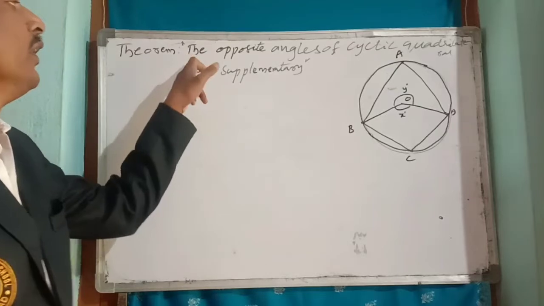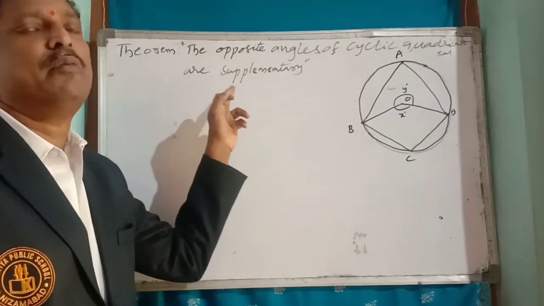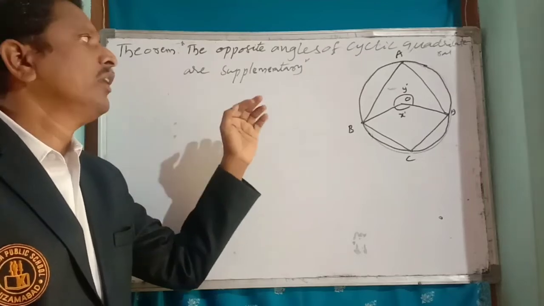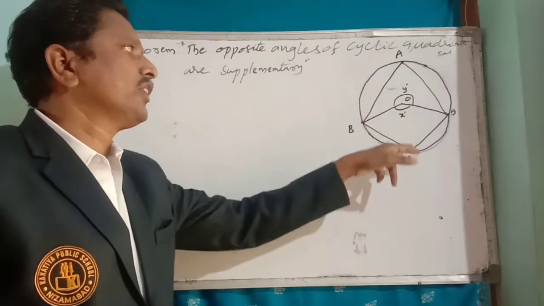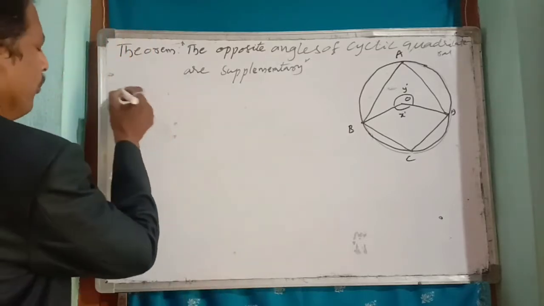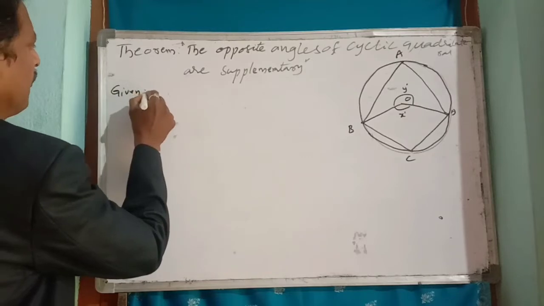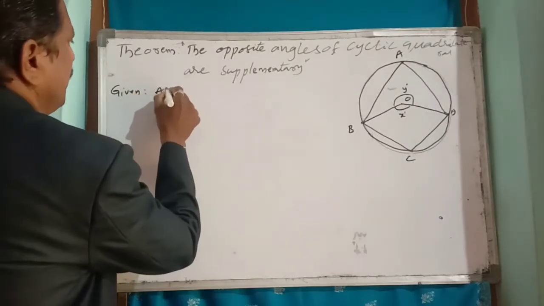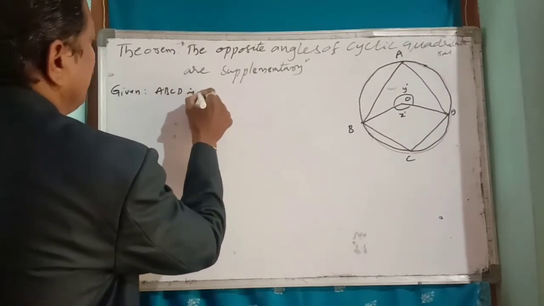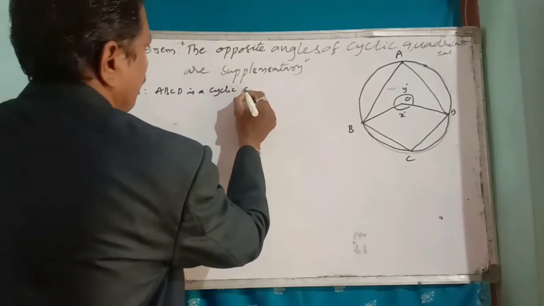Now the theorem: the opposite angles of a cyclic quadrilateral are supplementary. This means the sum of opposite angles of a cyclic quadrilateral equals 180 degrees. That we have to prove. Here, given: ABCD is a cyclic quadrilateral.